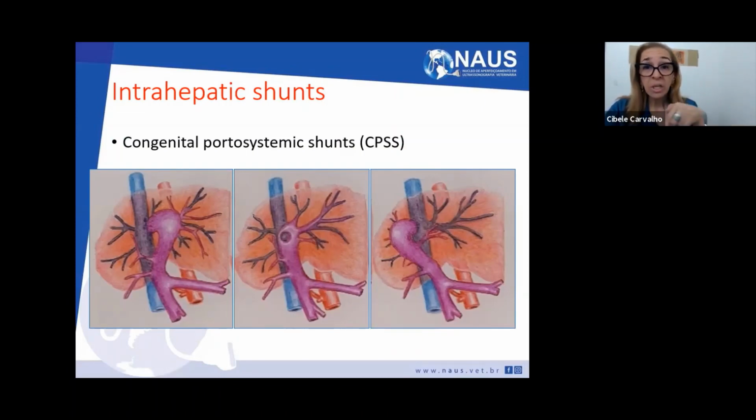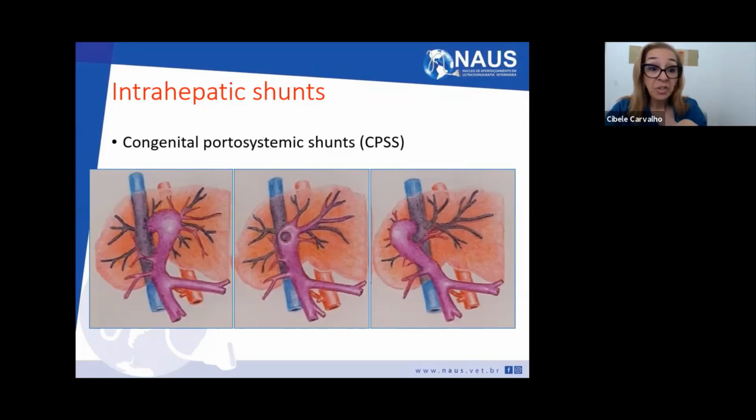This shunt that originates from the left branch always runs cranially, ventrally and to the left, similar to a normal left portal branch, until the diaphragm.